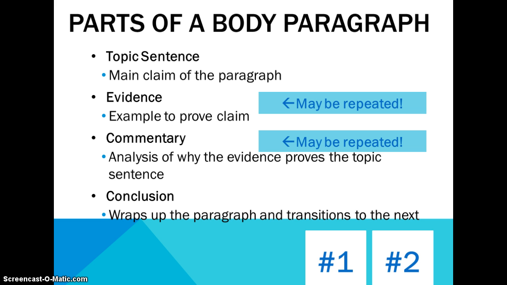What I mean by that is that you might have a body paragraph that has a topic sentence, then it might have evidence and commentary, then you might have another piece of evidence and commentary before you move into the conclusion. And typically that's actually going to make a stronger essay. So note that those 2 things are absolutely okay to be repeated.